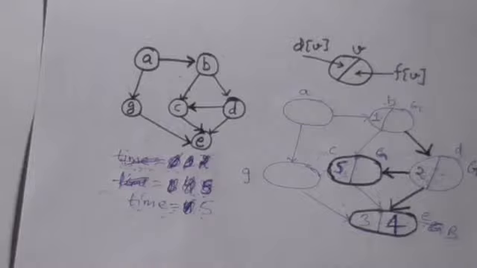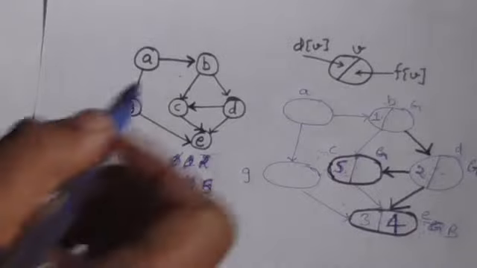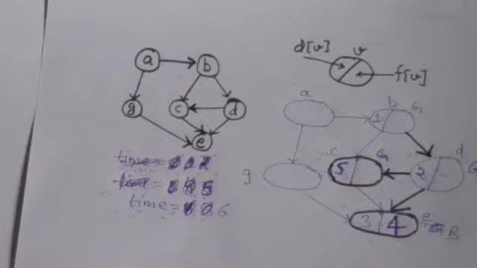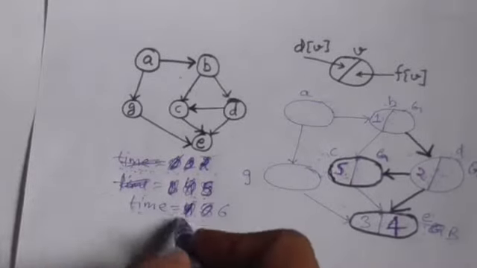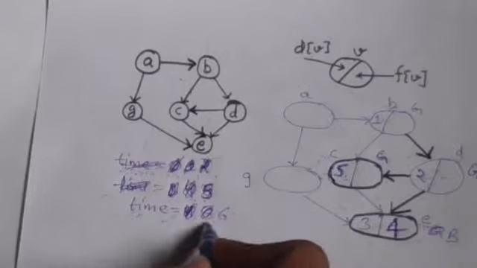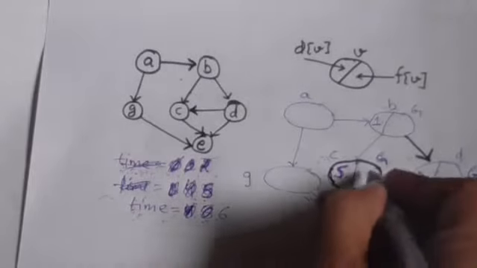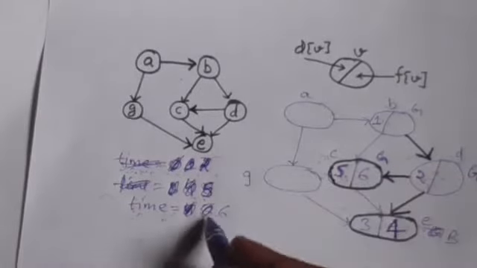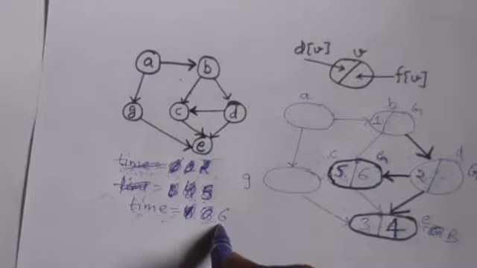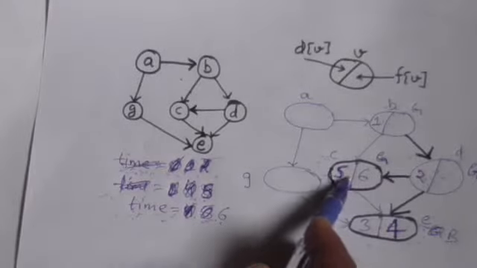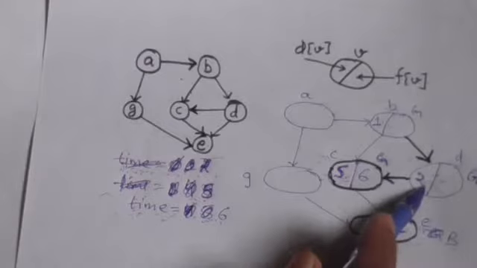Now we will increase the value of variable time by 1, right? Now the value of variable time has become 6. Now this value of variable time will be set as the finishing time of vertex C, right? So the finishing time of vertex C is 6, right? Now what will we do? We will backtrack to the vertex D, right?